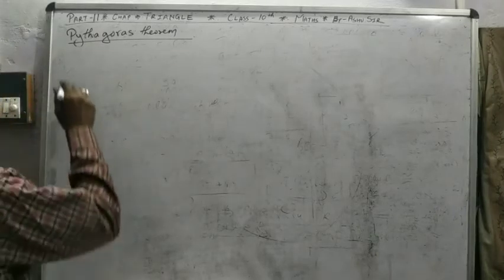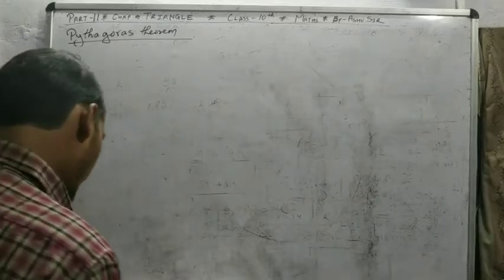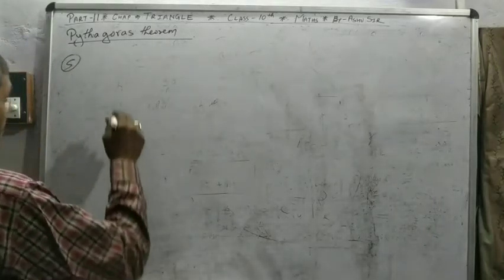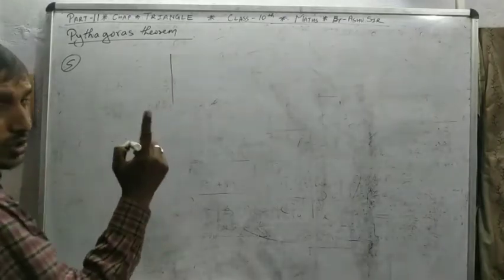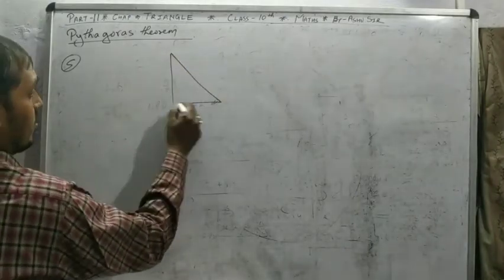See this question. Find the third side of a right triangle whose hypotenuse is of length P. One side is of length Q and P minus Q is equal to 1. If I say it is an MCQ question, 1 mark.